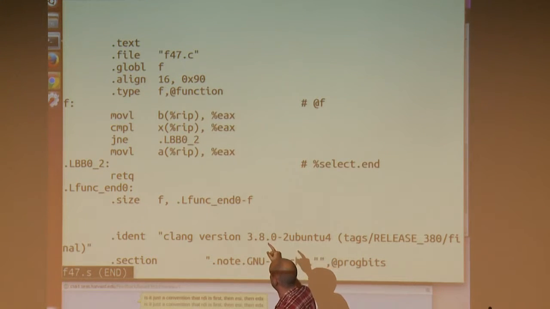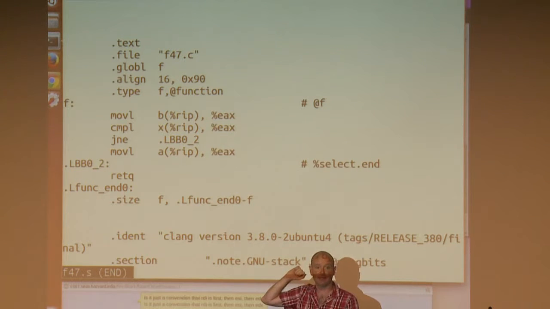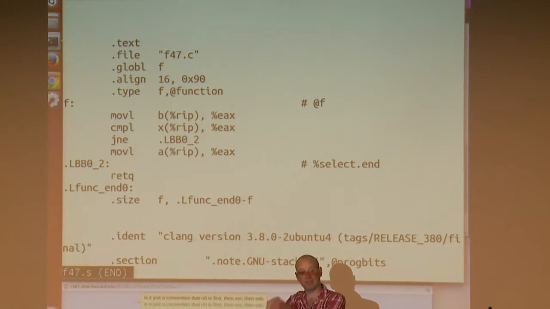So this comparison computes B minus X. Because the way all of these instructions work that have two arguments, there's a source and then a source plus destination. And the computation is destination equals destination operation source. Okay, so we flip them around.